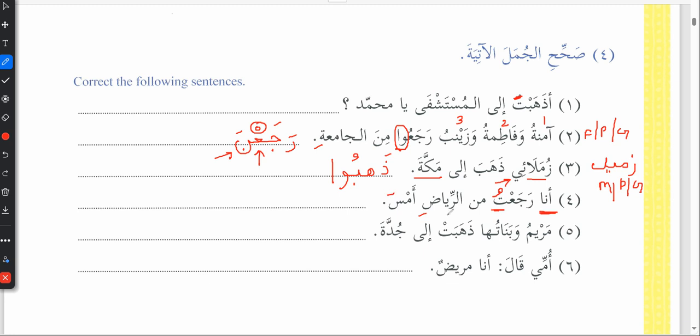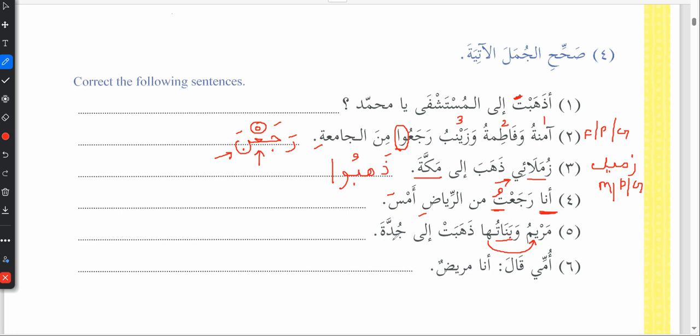Maryamu wa banatuha. Maryamu wa banatuha means this ha is referring to Maryam. Maryam and her daughters. Banat is plural. Banatuha. Maryam and her daughters. Dhahabat ila juddata. So this is also ghair munsarif.